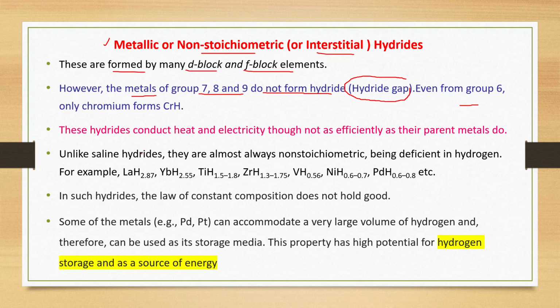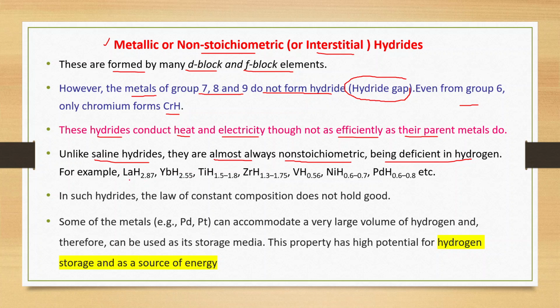Even from group 6, only chromium can form a hydride, CrH. These hydrides conduct heat and electricity, though not as efficiently as their parent metals do. Unlike saline hydrides, they are almost always non-stoichiometric, just opposite to stoichiometric, because they do not have a fixed composition, and they are deficient in hydrogen.